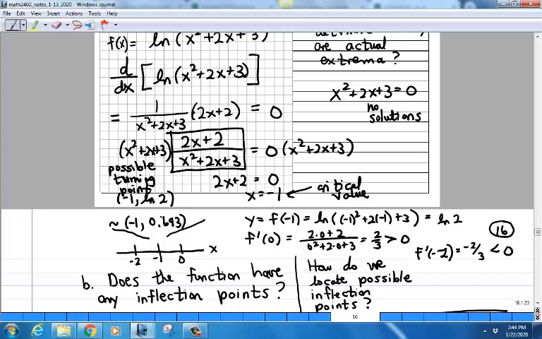So how do you connect a decreasing piece to an increasing piece? You have to have a turning point, right? The only way to connect the decreasing piece to the increasing piece is to have a turning point right there at -1. So we do have a turning point at -1.